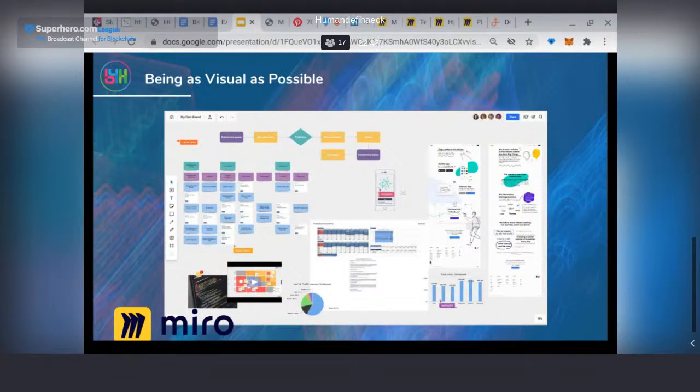So a positive attitude and just a way to move forward and push their teams is also very important in this. We need to be as visual as possible. We are going to produce a lot of information in our design thinking dynamics that we need to trace somewhere.